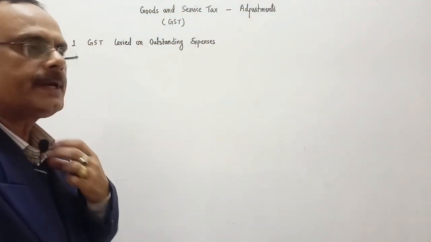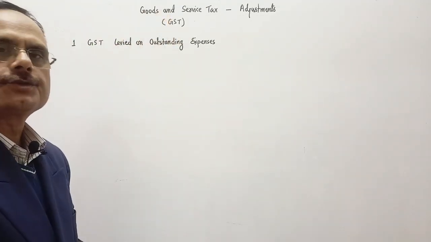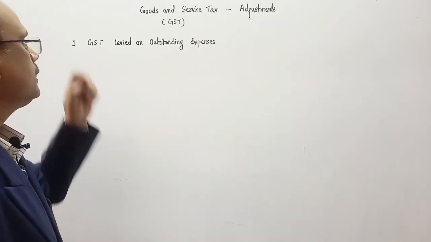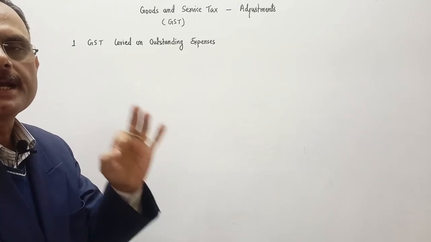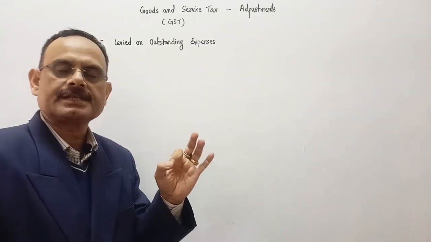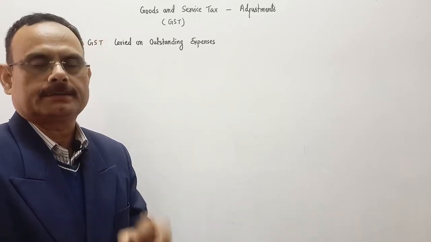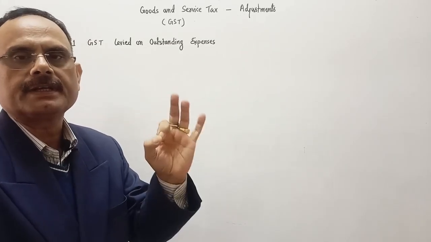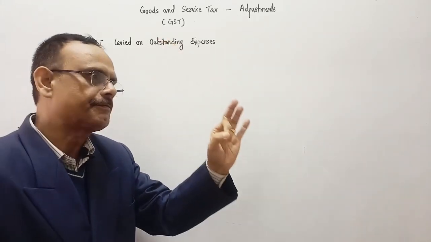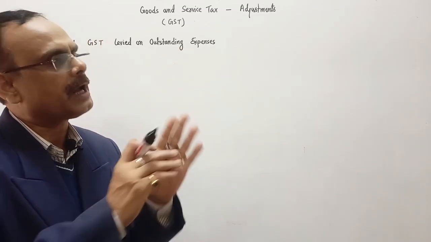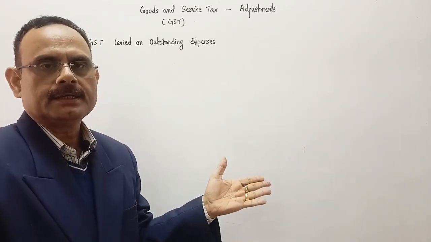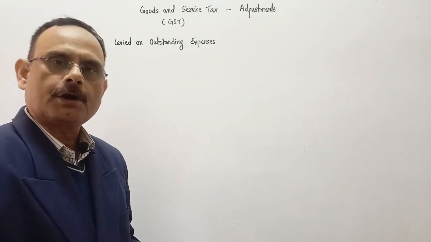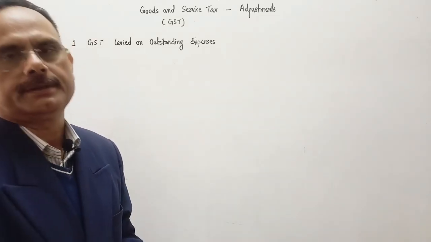Now see the adjustments related to GST in the financial statement. Number 1, GST levied on outstanding expenses. If outstanding expenses is given in the adjustment, then how will we do the treatment? It means that just below the trial balance or outside the trial balance, the information of outstanding expenses is given and the information of GST is also given.